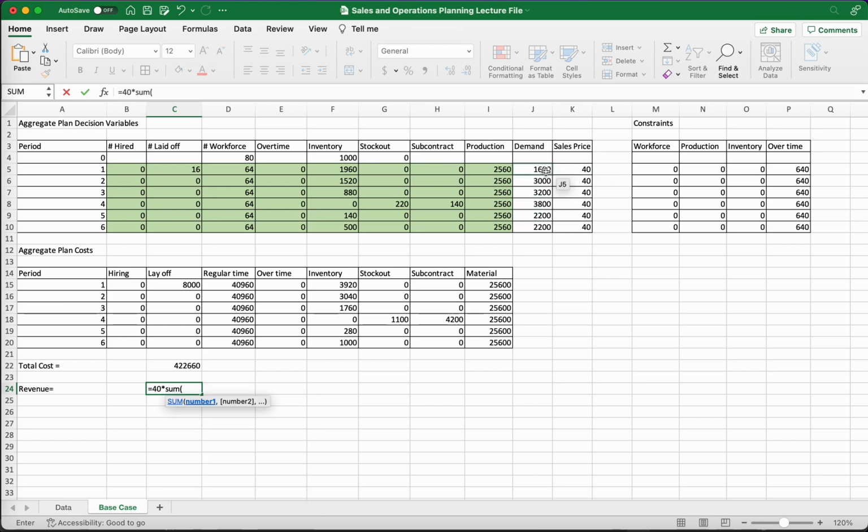We are selling all of these items at $40, so that's $640,000. That's the revenue that you make.